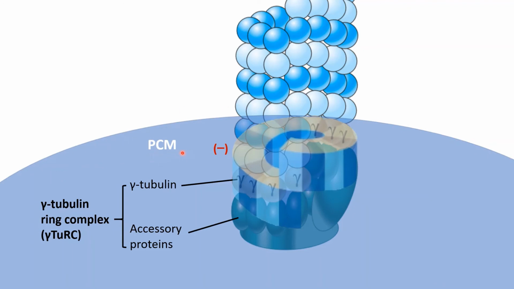As we've seen a while ago, the centriole is surrounded by the PCM. So that's where the gamma tubulin ring complex is hidden, and that's where the nucleation for the microtubule starts, with the alpha tubulin first sticking and then the beta tubulin away from the gamma TuRC.